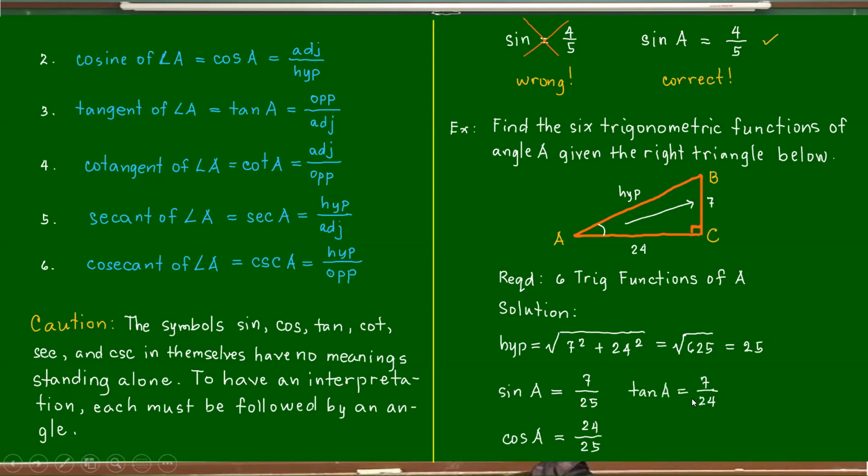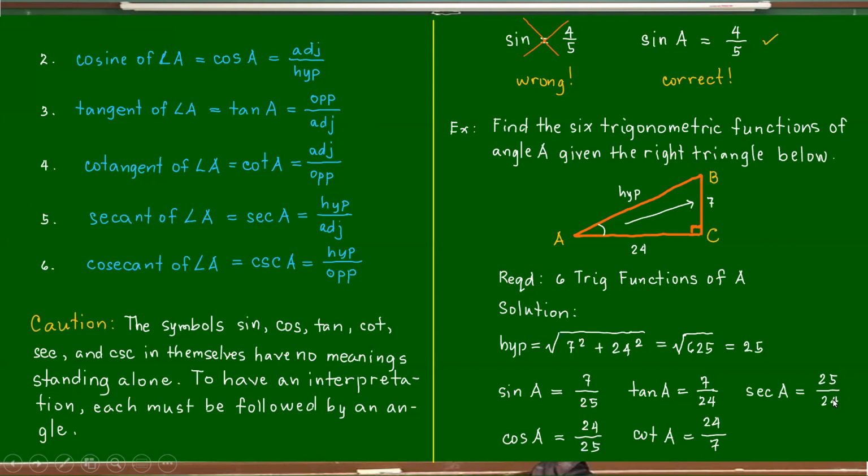Tangent of angle A is 7 over 24, meaning opposite over adjacent. Cotangent of angle A is adjacent over opposite, so that is 24 over 7, which is just the reciprocal of tangent A. Then we have secant A, that is hypotenuse over adjacent, so 25 over 24.